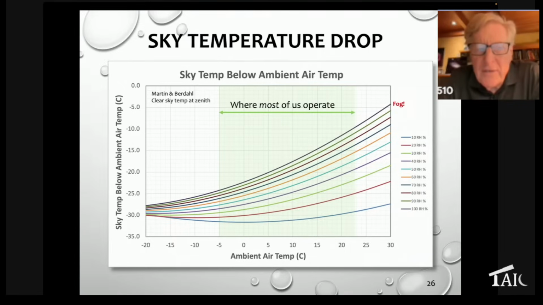And you can see it varies from kind of -10 to -30 degrees below the ambient air temperature, depending on the humidity. And this really emphasizes the importance of humidity in this whole question.